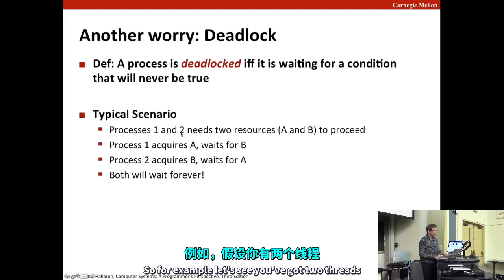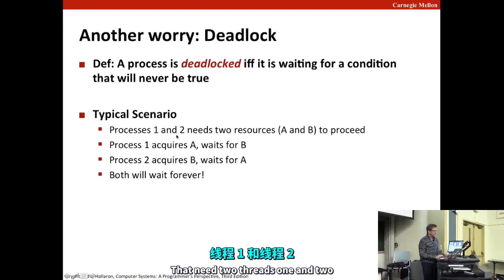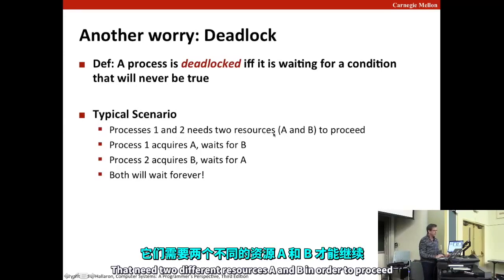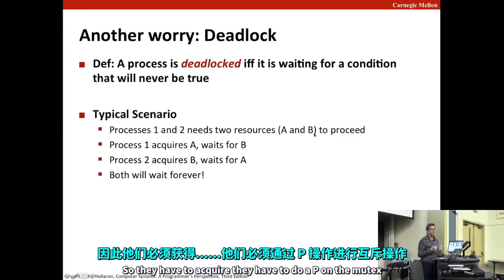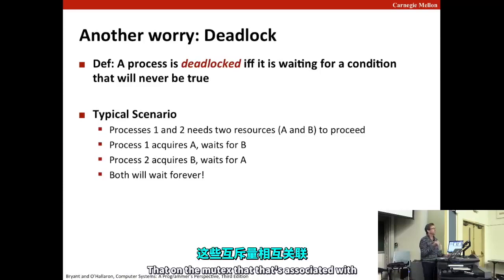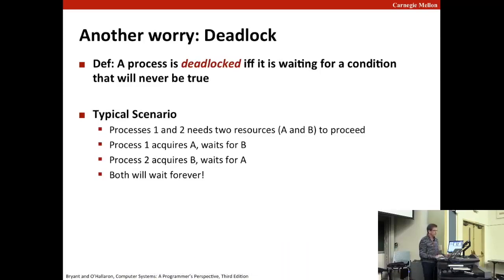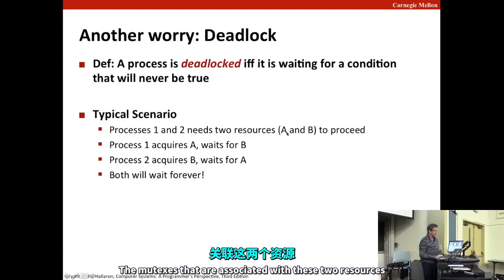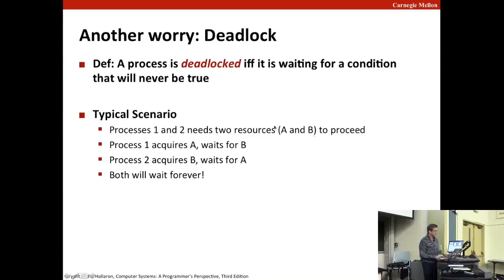So, for example, let's say you've got two threads, 1 and 2, that need two different resources, A and B, in order to proceed. So they have to do a P on the mutexes that are associated with these two resources.